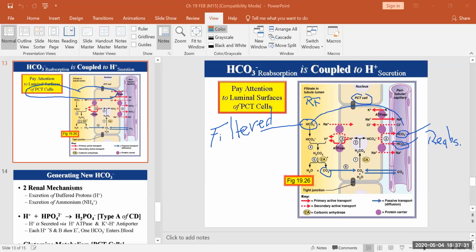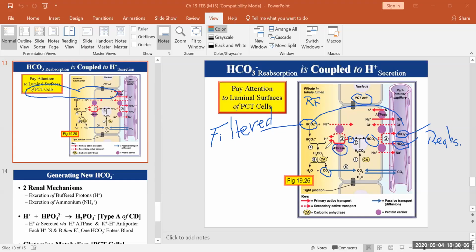So there's an ATPase pumping the proton out. Right? So if CO2 comes in and you convert CO2 to bicarbonate, that proton needs to be kicked out by two mechanisms. There's a proton pump, ATPase, it pumps only proton. That's a primary active transport. So this ATPase only pumps proton out.